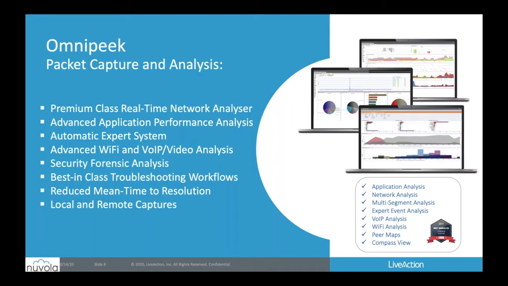So we can take captures from Omnipeek locally. You can load it onto your laptop and you can do a local packet capture, but also we can do remote packet captures as well.